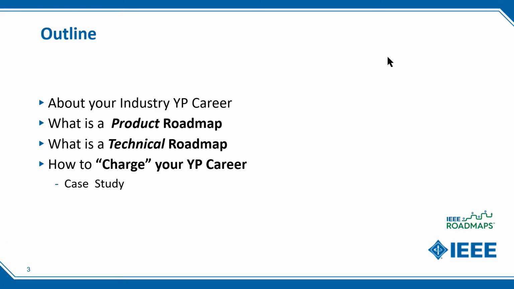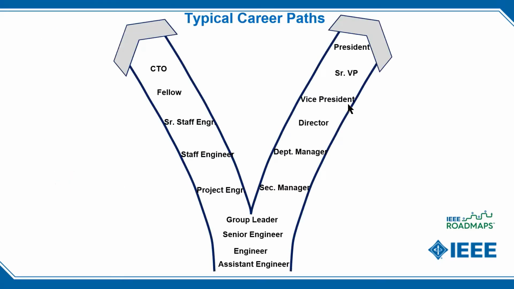And I'll give you a real case study. I'll tell you up front that I have used this process myself, and it has really helped my career. So I wanted to share those experiences with you and see if you could apply them to your career and give it a boost.